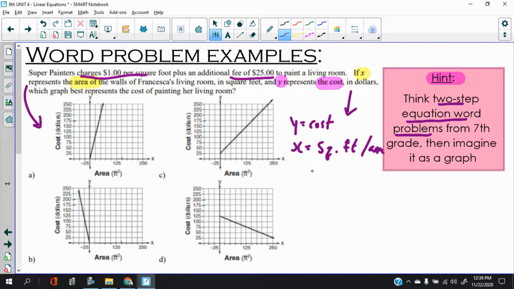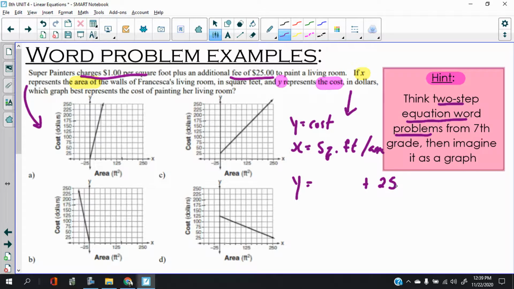It tells you a story. The cost has to be Y equals something. Now, think about it. You have to pay the 25 bucks no matter what, so that's plus 25 at the end.